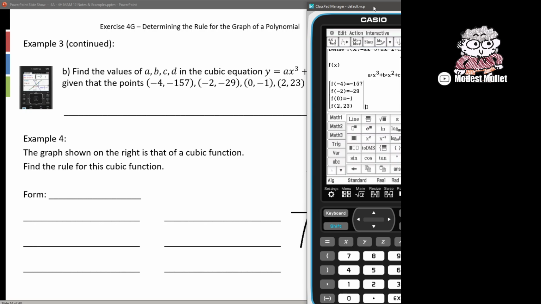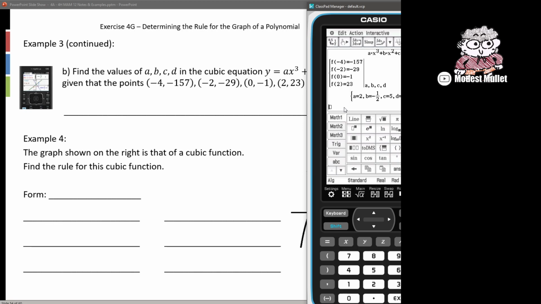And what are we solving for? Well, we actually want to figure out a, b, c, d. Equals 23. There we go.